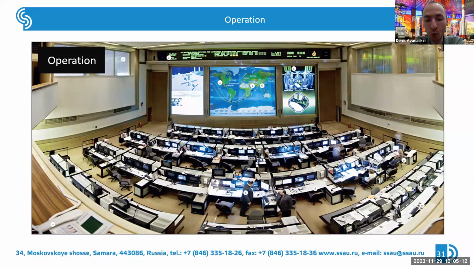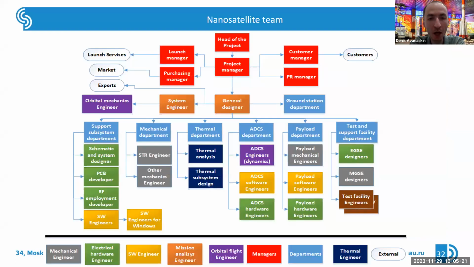How can we solve the problem that we want to solve with our satellite? So this is the operation. This is what a good specialist has to know when he wants to work with satellites.